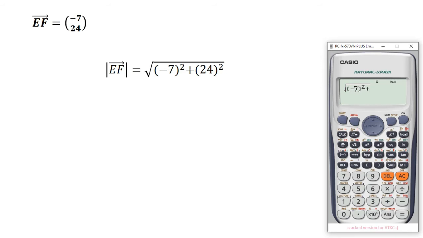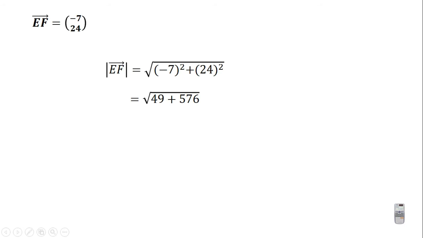You can choose to bring the bracket or not, you still get the same answer. But when it's negative, make sure that you put the negative number in a bracket before you square it. So plus 24 squared. As I said, 24 is positive, so you can choose to bring the bracket or not.